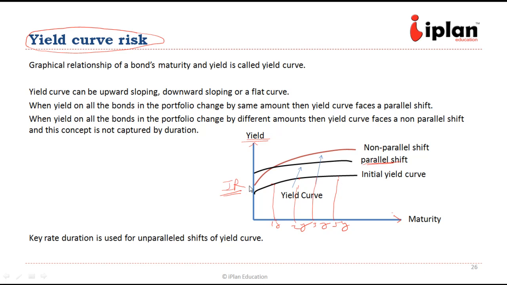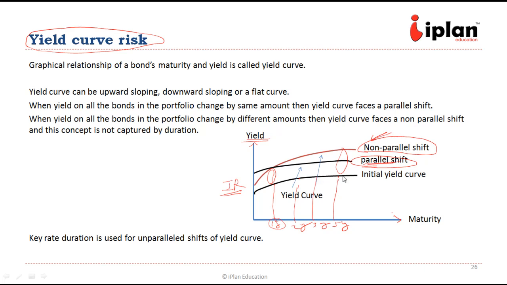If all these bonds are responding in the same way to a change in interest rate, it is called a parallel shift. But if they are not responding in the same way, for example, if the interest rate for this particular bond is not changing as much as it is changing for 5 year bonds, we say that the shift in the yield curve is non-parallel.